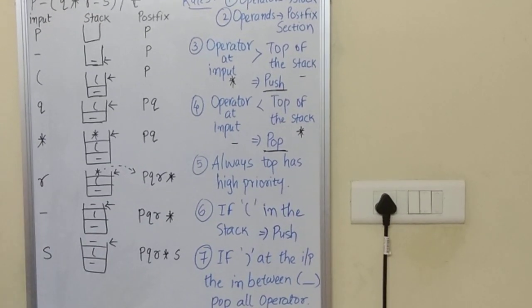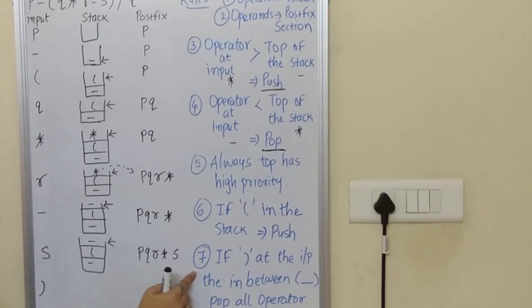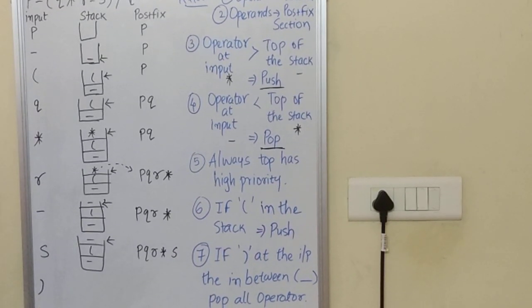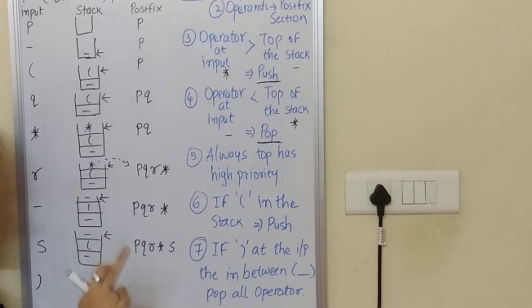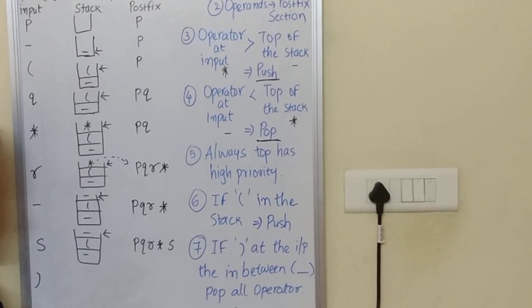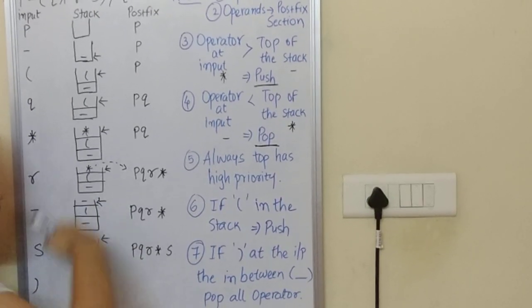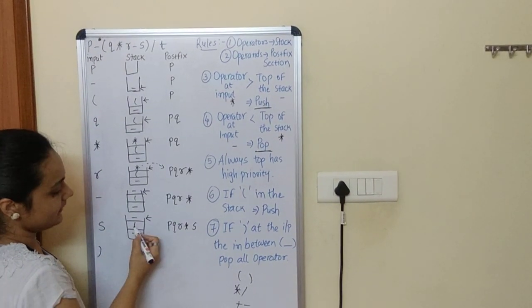Okay. After that, right parenthesis. Now this is rule number 7. If I find right parenthesis in the input, then whatever comes in between left parenthesis and right parenthesis, whatever operator, I have to pop out. Okay. So right parenthesis and left parenthesis.